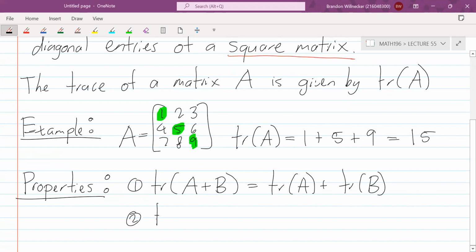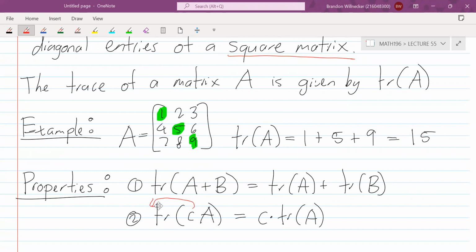Property 2: the trace of C times A is equal to C times the trace of A. So here we see this constant. We can take it outside of the function.